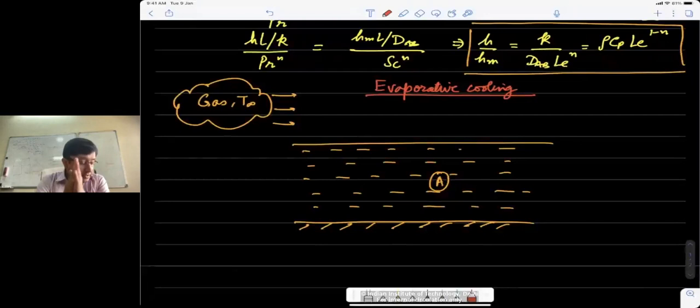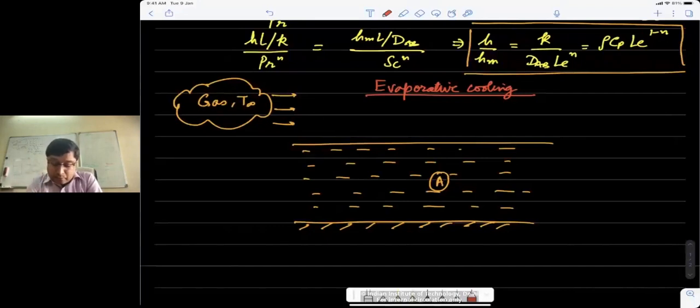So say that we have this gas flowing over this surface. What typically happens is that you have evaporation of liquid on the surface, which may be at some temperature Ts, which I don't know yet. The liquid evaporates because evaporation requires latent heat to be provided from somewhere.